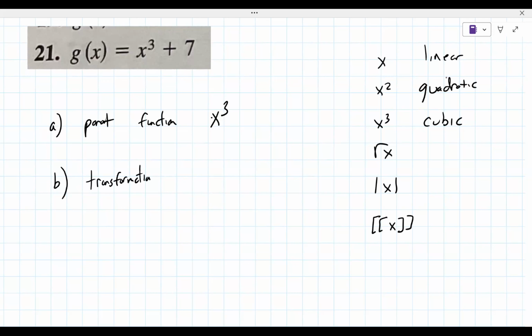So part B is the transformation. Let me go back and look at your notes to see which one is potentially relevant here. Look at number 8. You have that one in front of you? Yeah.